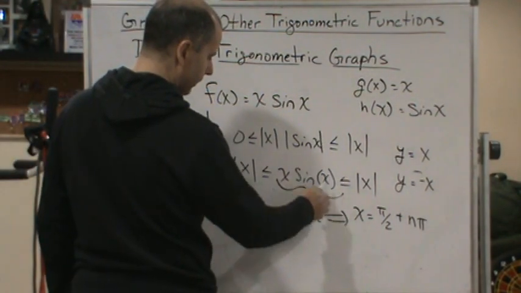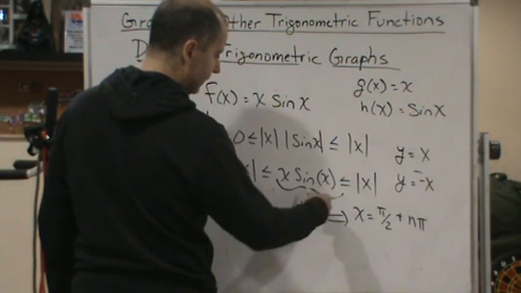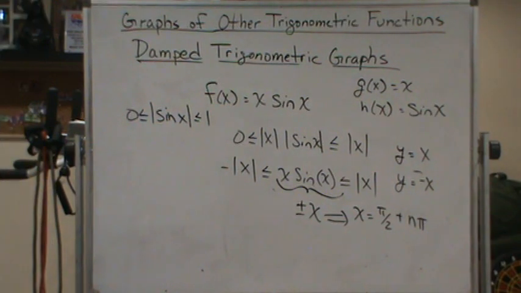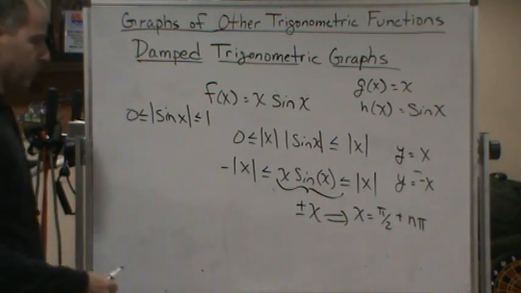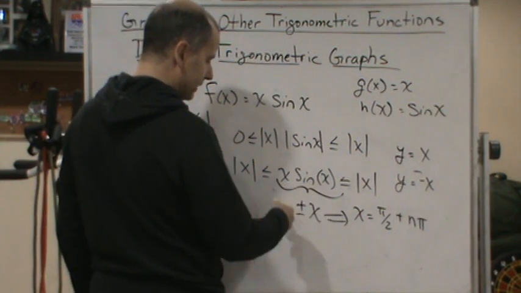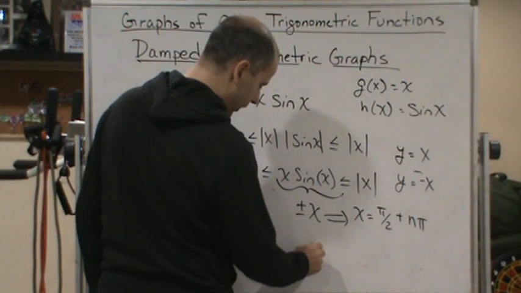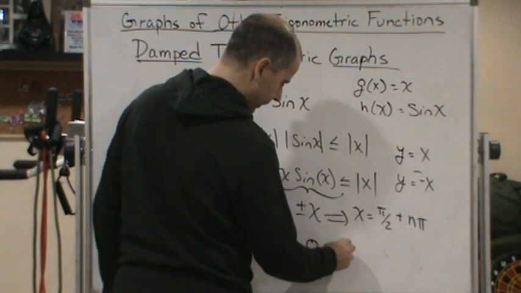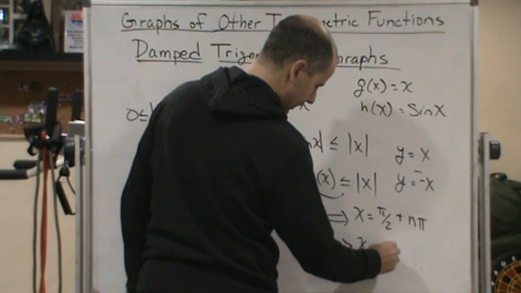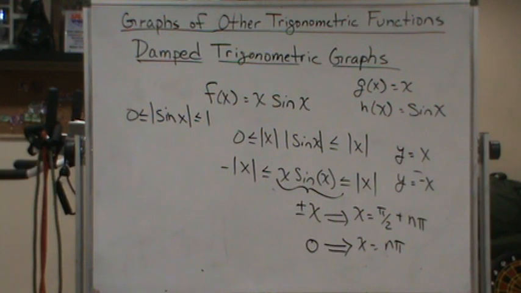Well, when sine x is 0. And so when is sine x equal to 0? Well, sine x is equal to 0 for any multiple of pi. Right? When x equals any multiple of pi. So that means x times sine x is going to equal 0 for any multiple of pi. So it's going to be an x-intercept whenever x is equal to some multiple of pi, where n is an integer.